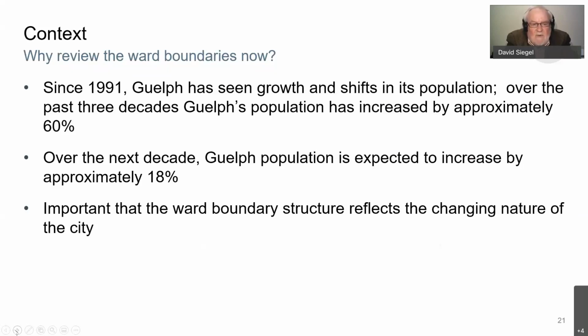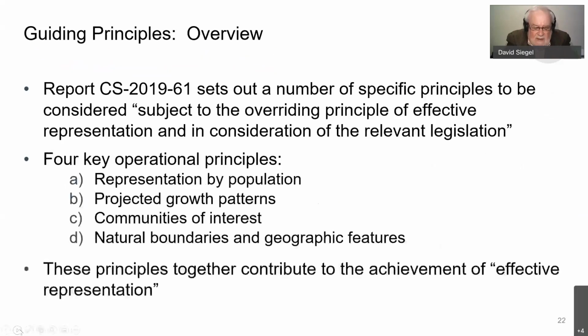And it's important from our perspective and your perspective that the recommendations that we make, that the new ward boundary structure reflects what you as residents of the city want. So that leads us to the idea that we need these guiding principles to go on with.